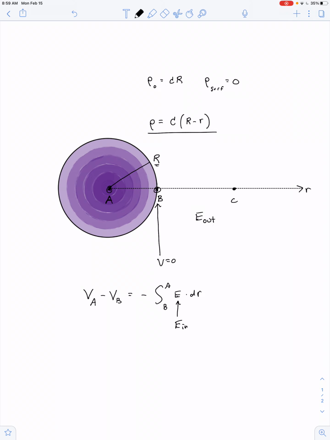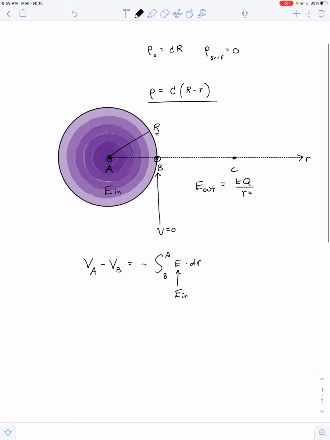And we know that E out is just going to be equal to kQ over r squared, right? Whether the sphere is plastic or metal, hollow or solid, insulating or conducting, it doesn't matter. At points outside, this is always the expression for the electric field. The electric field inside is what varies, whether this is plastic or metal, hollow or solid, uniform, non-uniform, etc.